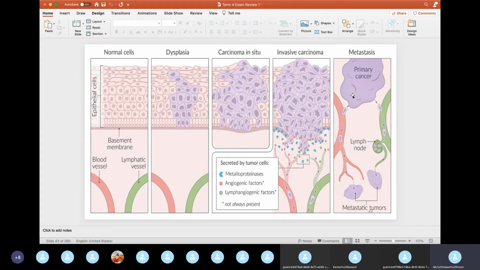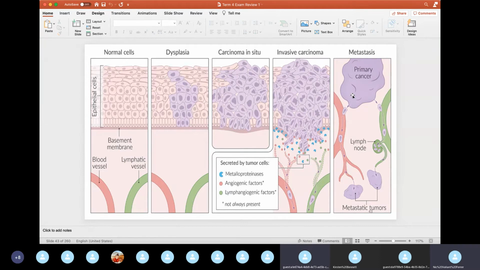What does the cell use to invade the basement membrane? Hydrolase, right? High yield: metalloproteinases, right? Metalloproteinases. What cofactor for your metalloproteinases?